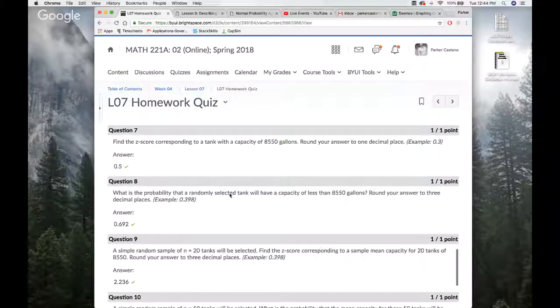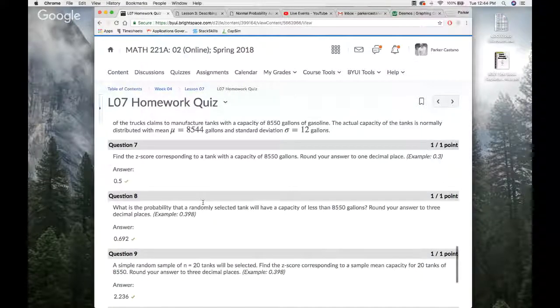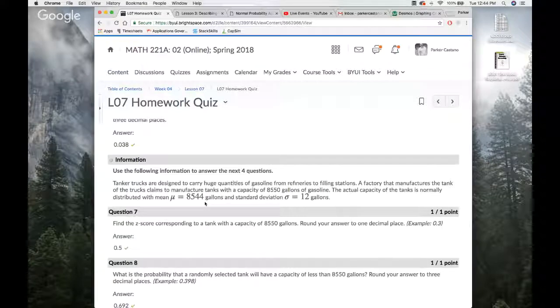So on that one, you would take the 8550 and then subtract the 8544. So you do 8550 minus 8544 divided by 12 divided by the root of 20, correct? And then you put it back into the applet, and that gives you 2.236.